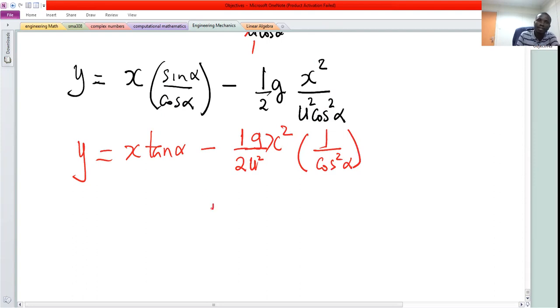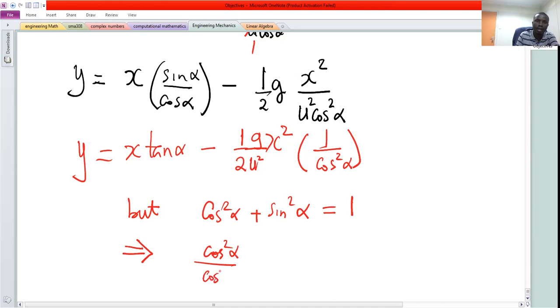But we know that cos squared alpha plus sine squared alpha is 1. So when you divide through by cos squared alpha, then we'll have cos squared alpha over cos squared alpha plus sine squared alpha over cos squared alpha equals to 1 over cos squared alpha.